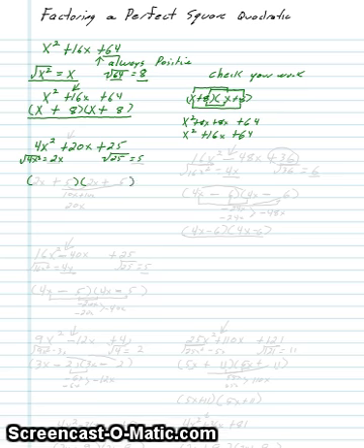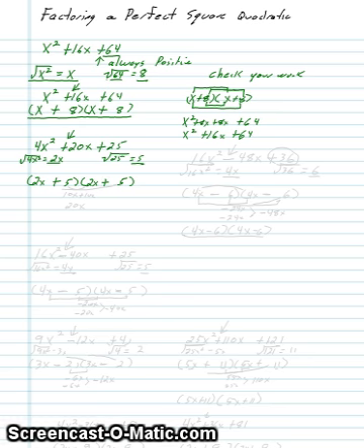Two parentheses. This first term, the 2x, goes in the first position in both parentheses. The 5 that I got when I took the square root of 25 is the last term. The sign is the sign of the middle term.